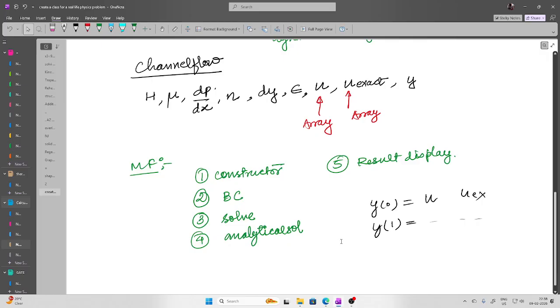Once you create an instance of this class, call the boundary conditions and solve functions, and then you should get some result, and your analytical results should match the numerical result. Let us meet in the next lecture, and I hope that by then you should be in a position to solve it.